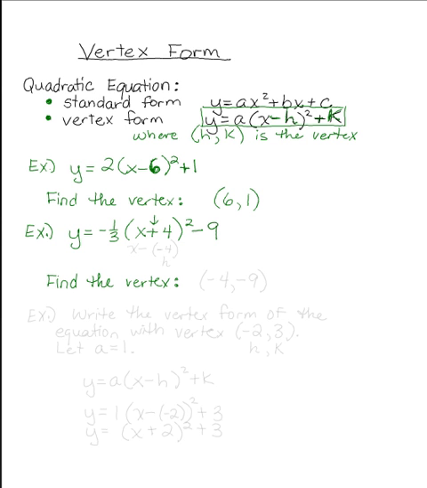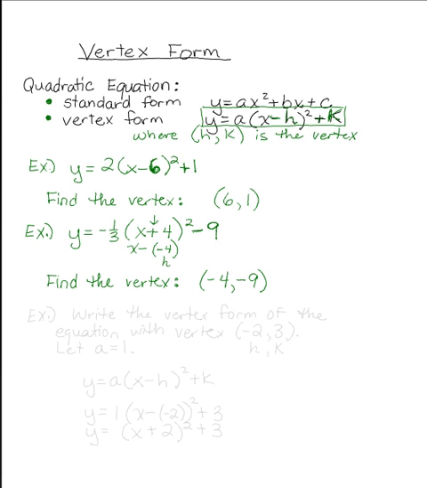Since the format is to have a minus sign, this is the same idea as saying x minus negative 4, which would have given you x plus 4. That means our h value, the thing that happens after the minus sign, is the value negative 4. And remember that we are used to seeing a plus value for k, and this time we have minus 9. That means that our y value, the k value, in the coordinate is minus 9. So our vertex is negative 4, negative 9.